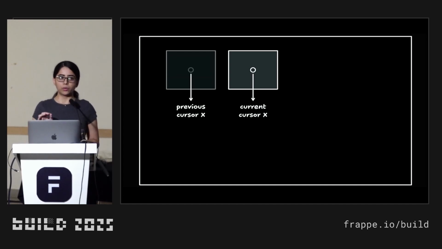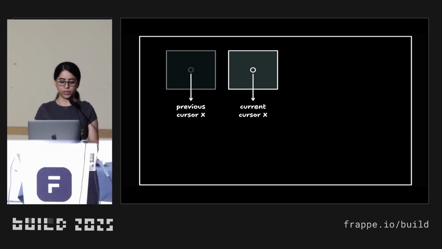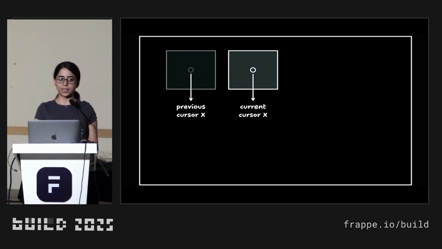So when you actually drag an element, what you basically do is place your cursor on the element and move your mouse. And when this movement occurs, the position of the element changes relative to the cursor that is moving. So in order to calculate how much that movement or how much the position should change, you would want to track it using the previous cursor position and the current cursor position.